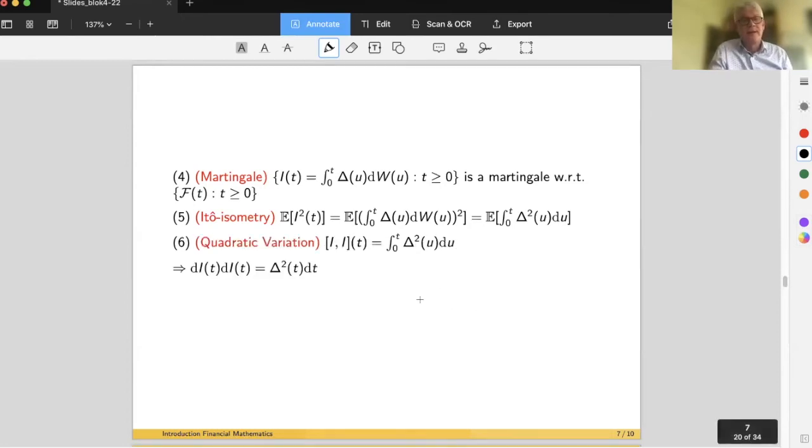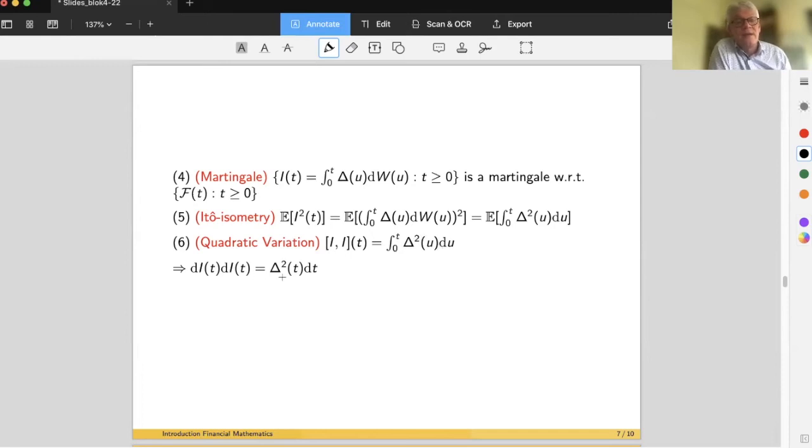So let's recall, and we have a sixth one, the quadratic variation, that is written as follows. The quadratic variation of I_t, the square brackets, [I]_t, that is the integral from 0 to t of Delta squared du.